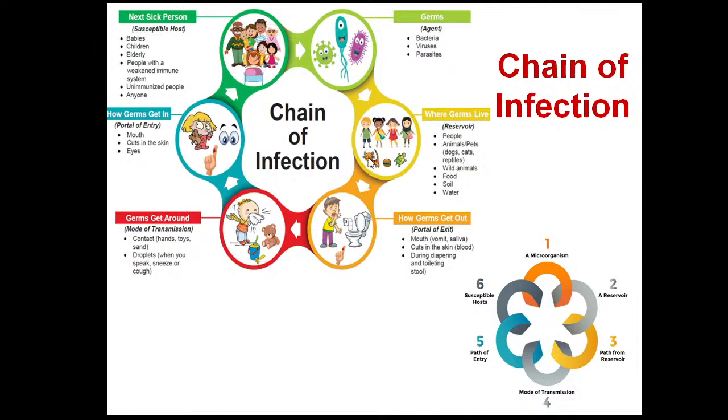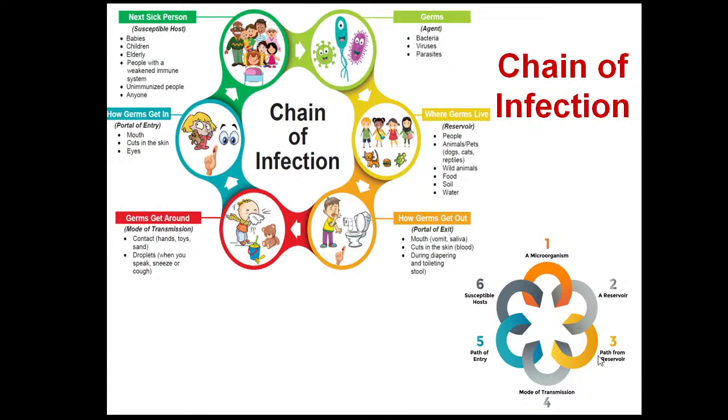In the animals, sometimes in the pets, but in wild animals also possible. But sometimes the microbes may reside in food contaminated by human or animal, in soil also contaminated by human, and water also contaminated by human excretion, for example, and animals.